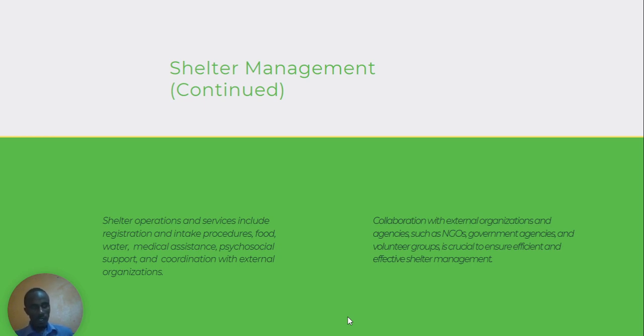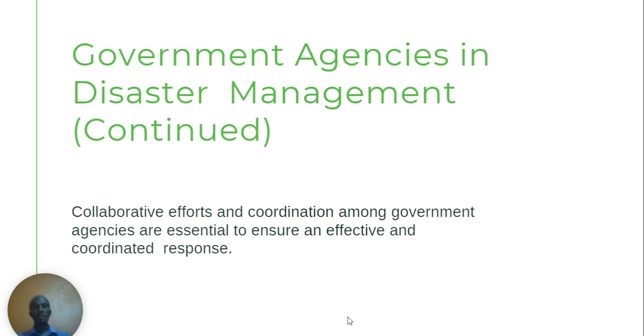They need to be supported in that psychosocial area, whereby you counsel and provide hope to them that things will be better, and coordination with external organizations. So, collaboration with those external organizations like NGOs, government agencies, and volunteer groups is crucial for efficient and effective shelter management. They are very crucial in that.